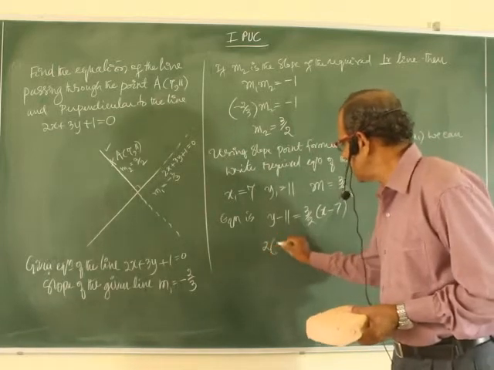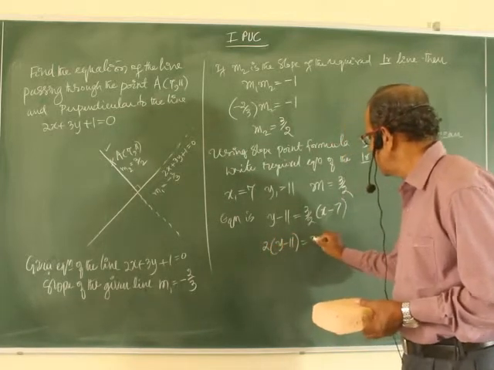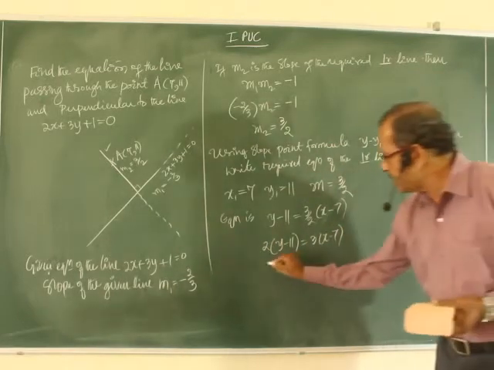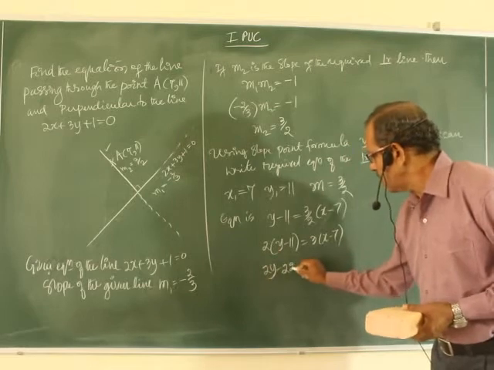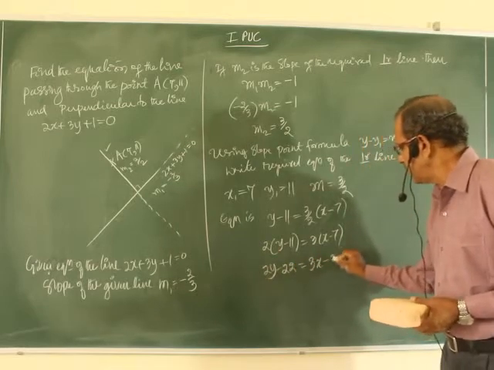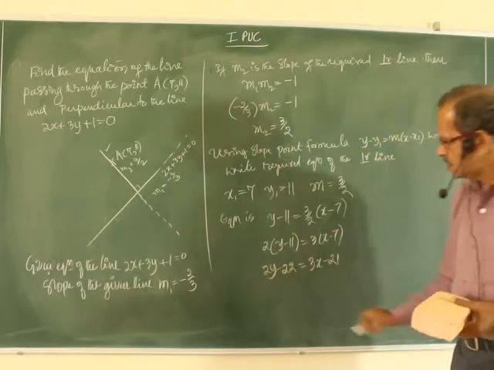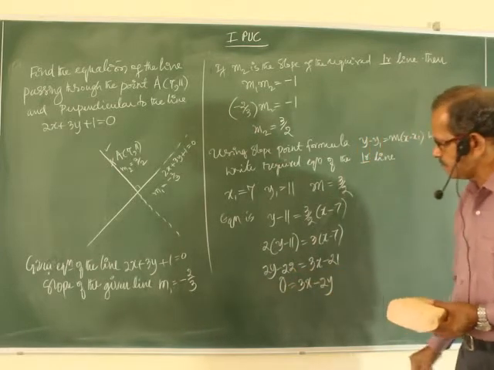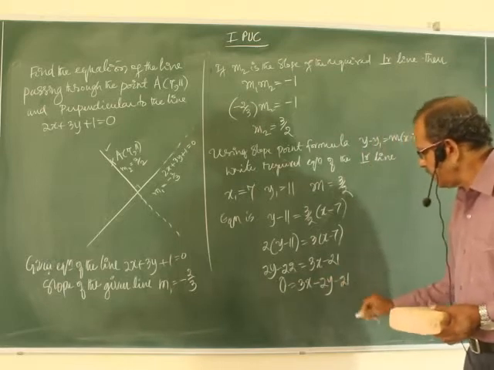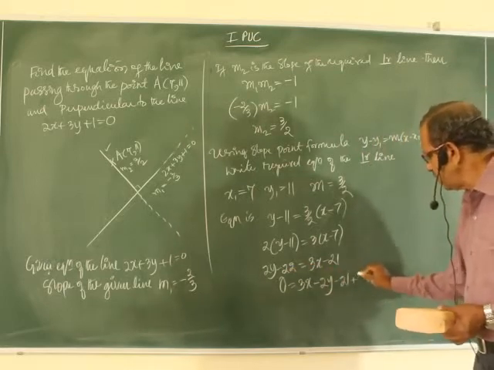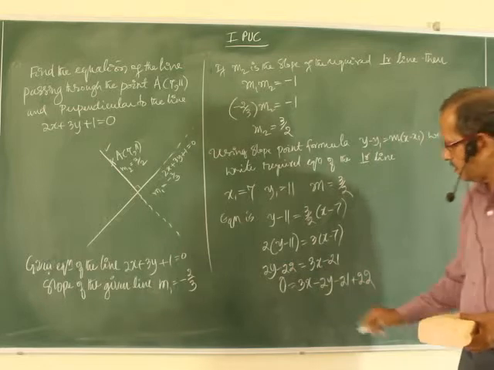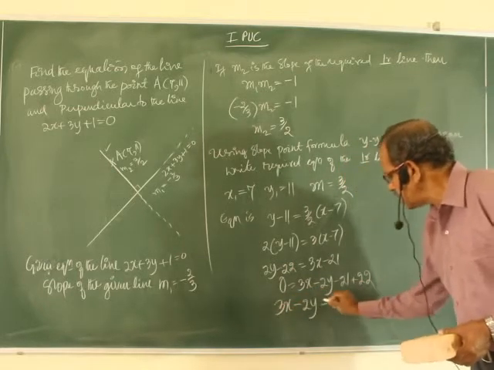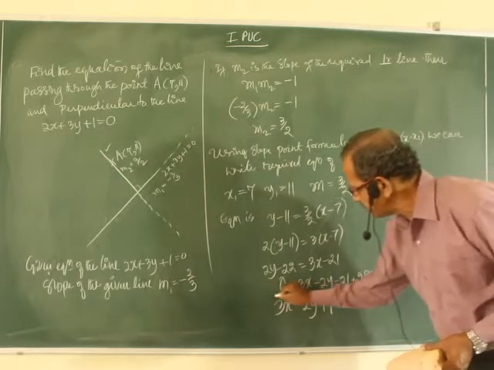Cross multiplication, do it carefully. 3 into x minus 7 equals 2y minus 22, that is 3x minus 21. Same side: 3x minus 2y minus 21 plus 22, or otherwise 3x minus 2y plus 1 equal to 0.